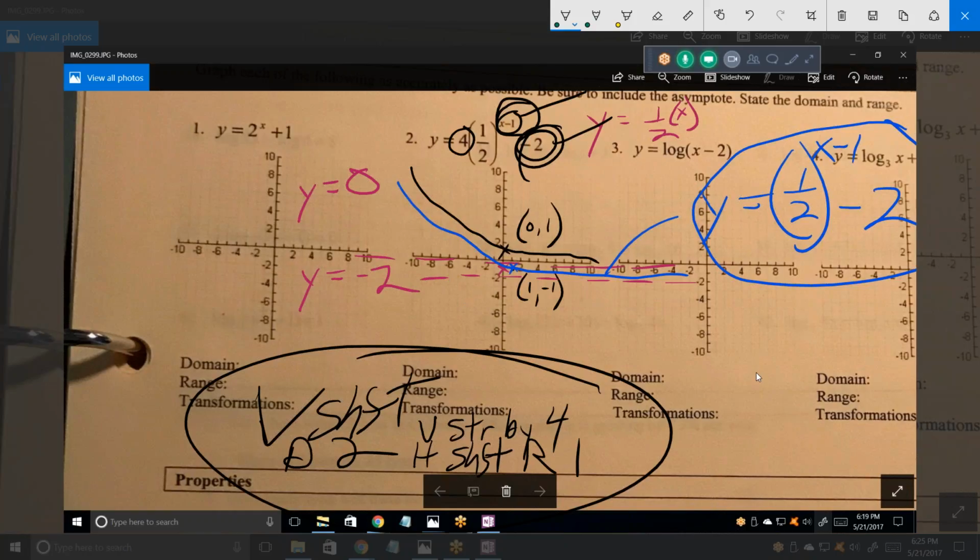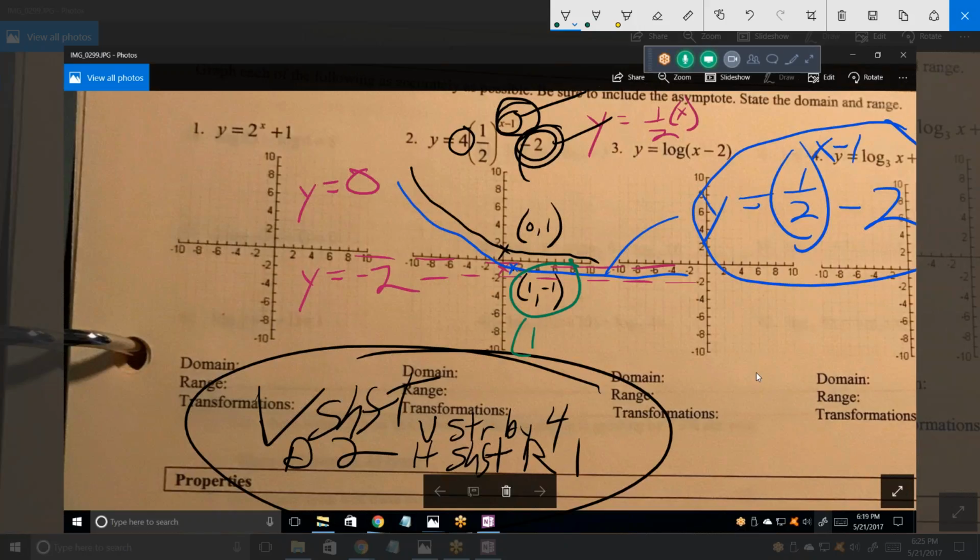Okay, a stretch. That changes the shape of the curve. This point, what happens to it when you multiply it by 4? It'd be 4 comma negative 4. Hold on. It doesn't do anything to the x.